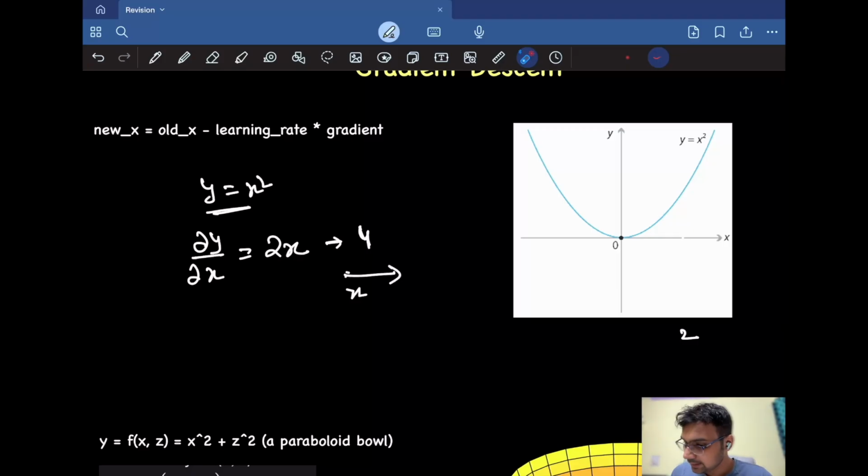So how will we calculate x? We will modify x using the learning rate and the gradient. We see that the higher the slope, the higher the movement we are going to take. And the learning rate is an arbitrary value which we take to speed up the process.